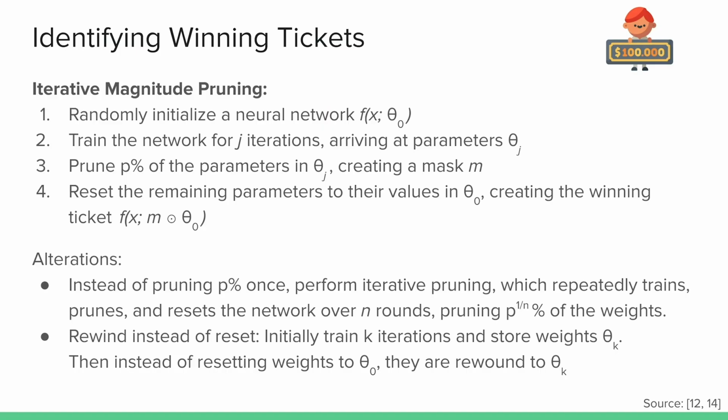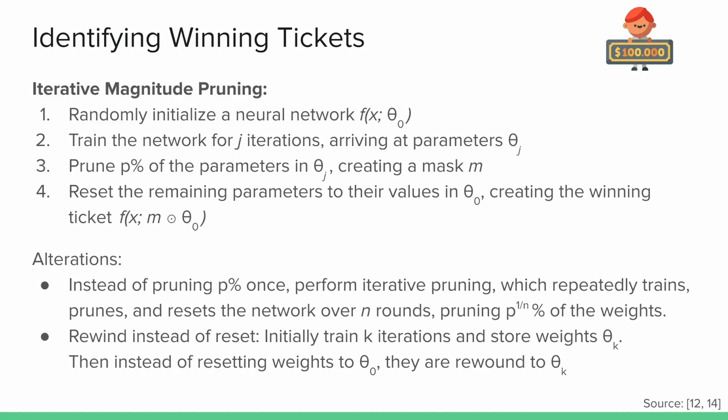All of the remaining parameters you now reset to their initial values, therefore creating the winning ticket. Because you remember which neurons remained from the pruning, we only want to keep them. We reset them back to their initial value, and then we have one of those lottery tickets, because that subnetwork was kind of trained to arrive at a good state. So they were initialized very well.